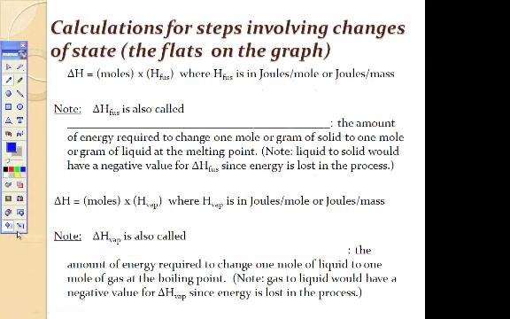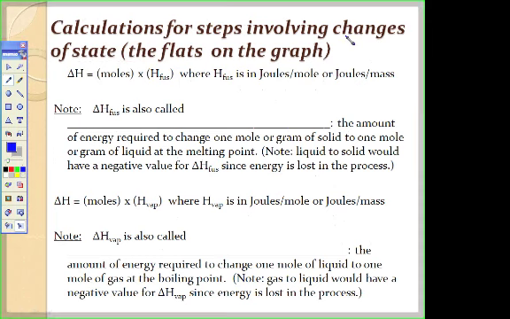Let's take a look at the mathematics for the steps in which there are changes of state. If there's a change of state, there's no change in temperature, but we know there's heat involved. So we have to have a way to calculate that heat, but we can't use MCAT. So these are the flat portions of the graph. You can think of it as a formula, moles times the enthalpy of fusion. So delta H is called the enthalpy of fusion.